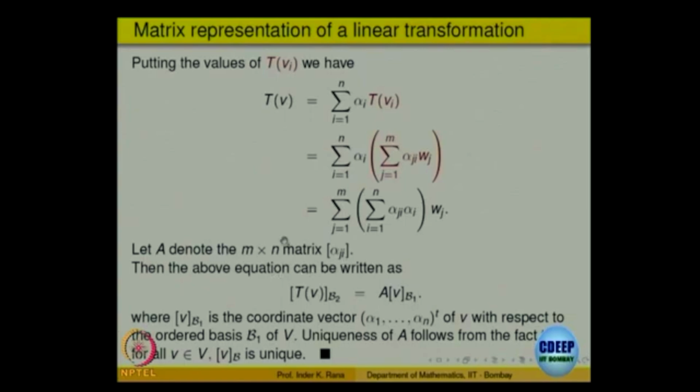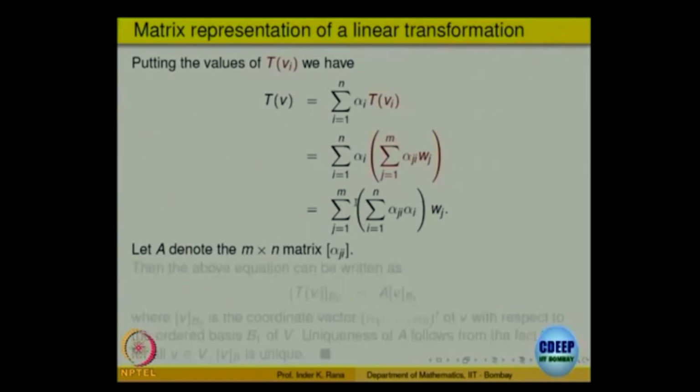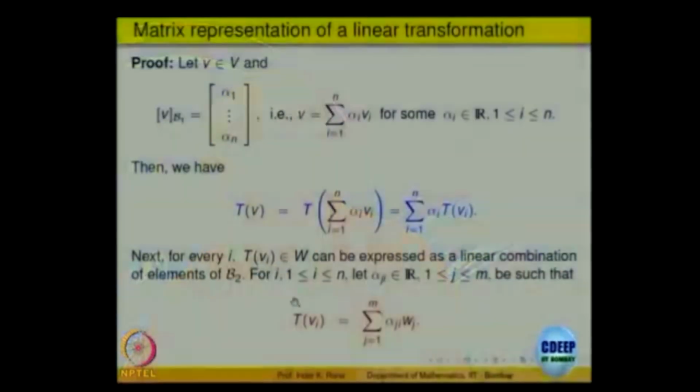Important thing you should notice: I purposefully wrote something. When I write T of Vi as a linear combination, I wrote j first and i later. Purposefully I wrote it so, because only then does it give me the corresponding multiplication.